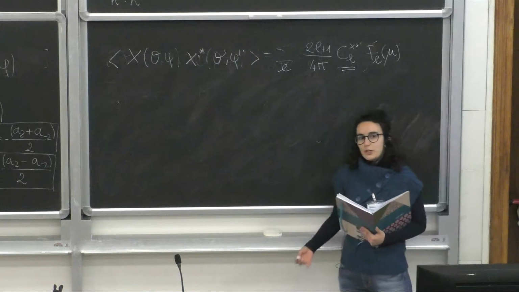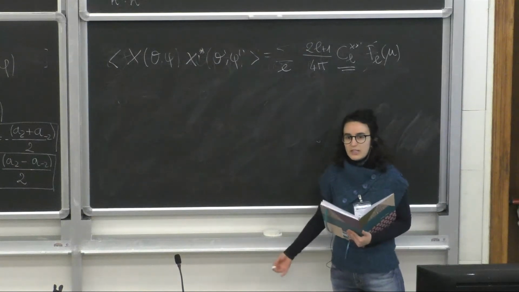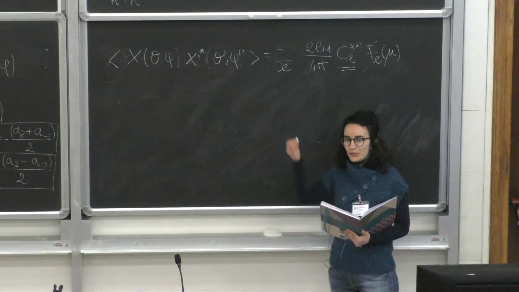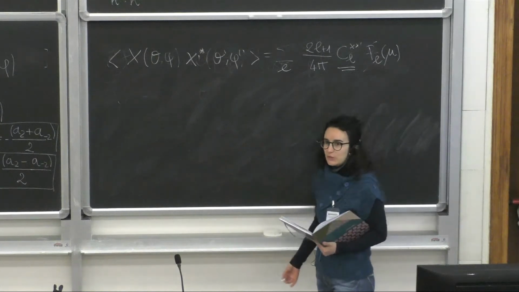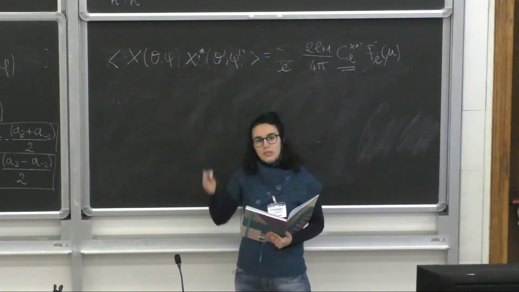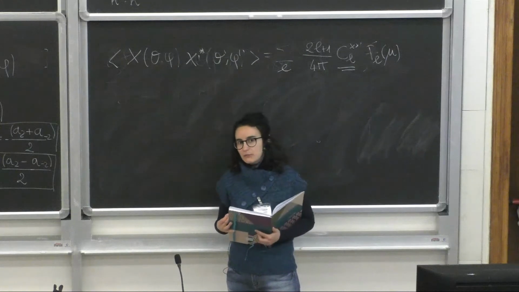But when we observe the CMB sky, of course, we don't start from the power spectrum. We don't observe directly the power spectrum. Instead, we map the T, E, and B fields.